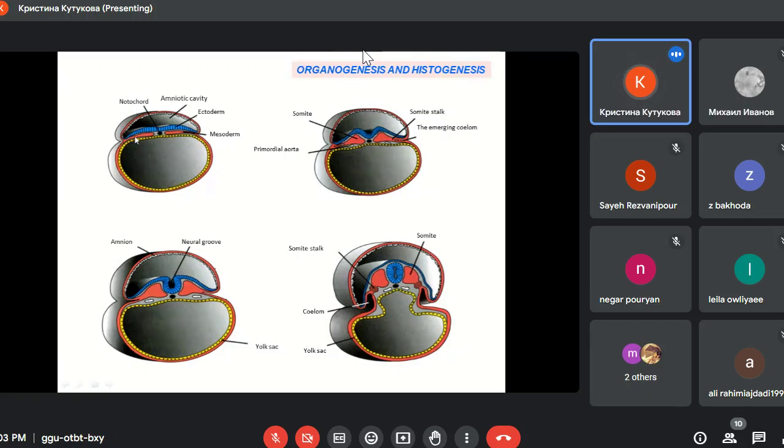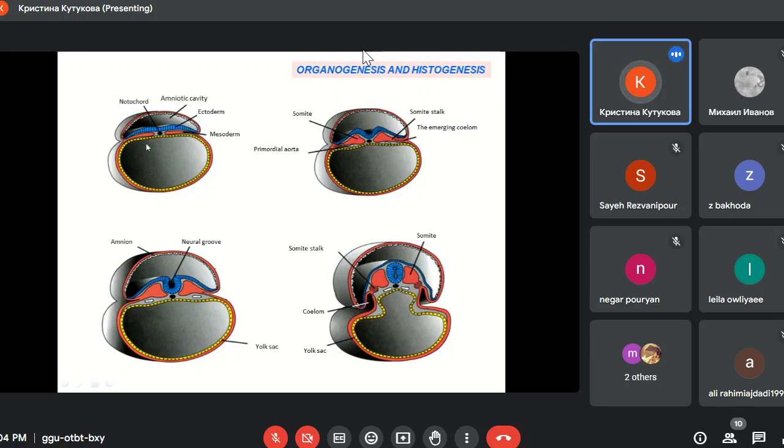So what we see here, the mesoderm, which is red in color here, starts to develop into so-called somites, legs of somites or somite stalk, and the lateral plate mesoderm, which is here. 2 layers of lateral plate mesoderm, upper and lower. So this is development of mesoderm. It develops into somite stalk, and the coelomic epithelium or lateral plate mesoderm, consisting of 2 layers.